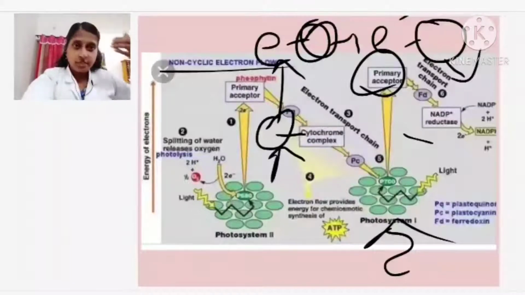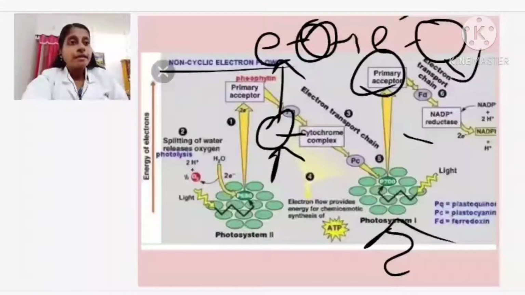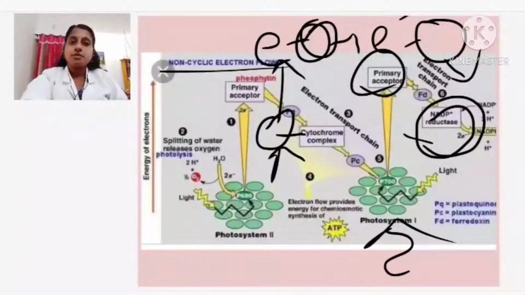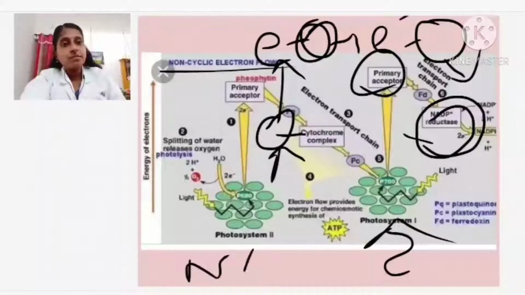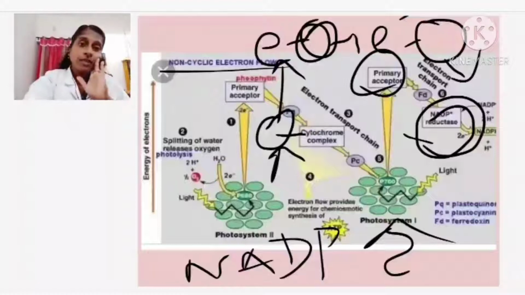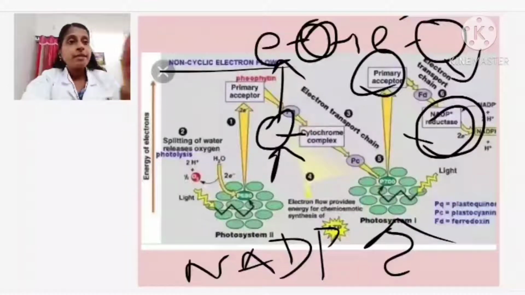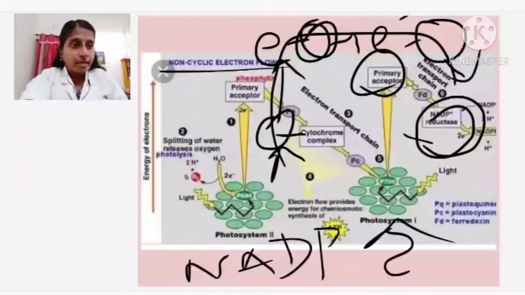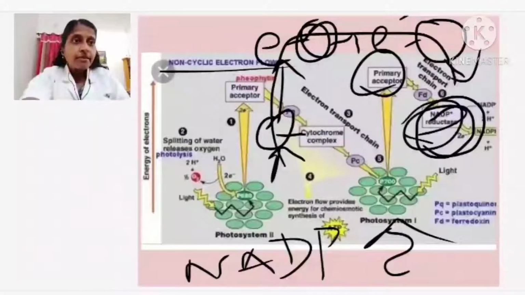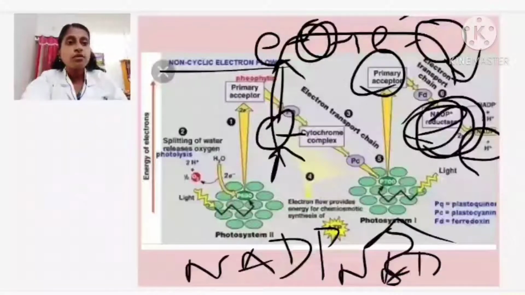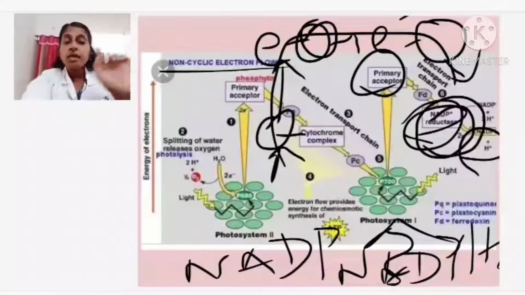The energy is getting transferred, and it comes to one substance which is waiting for this electron. That substance is called NADP. What is the substance? It is called NADP. This substance is waiting for that electron to come. Immediately when the electron, after passing through all these molecules, comes to NADP, it gets reduced. It gets reduced to what? NADPH2.